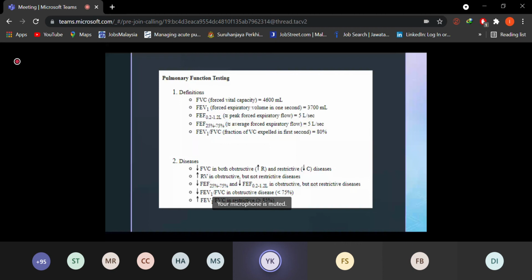The most important are FVC, FEV1, and FEV1 over FVC. Once these have changes, it will give you some indication whether it's obstructive or restrictive.